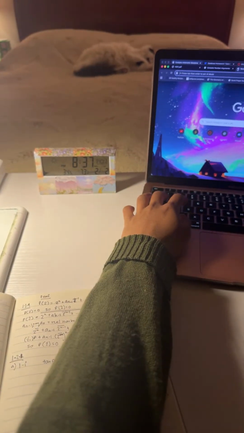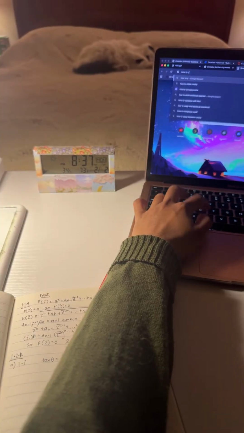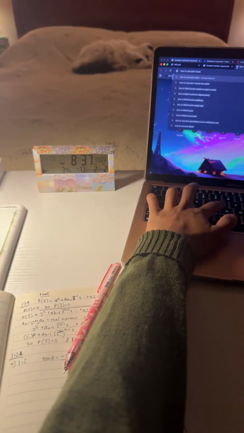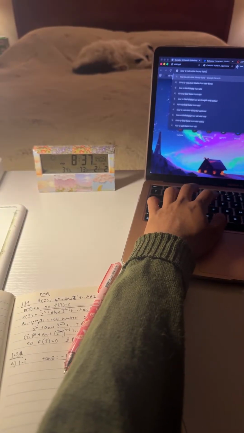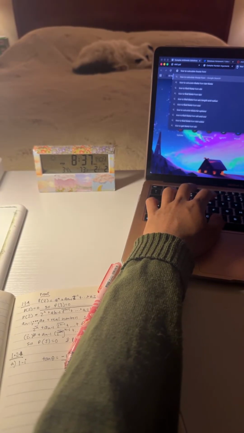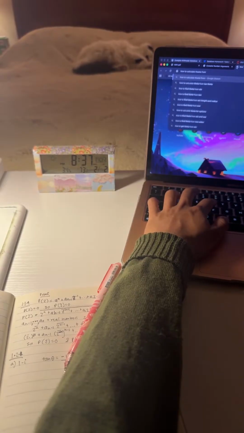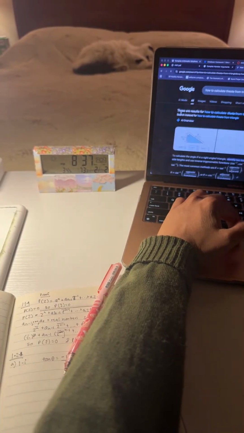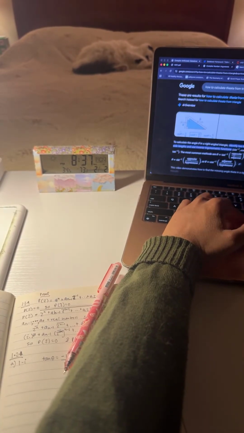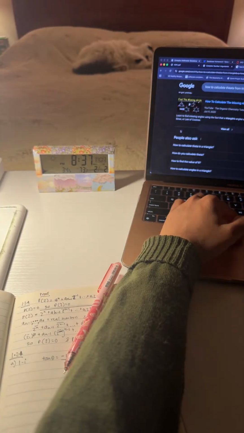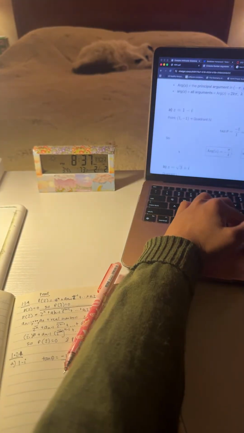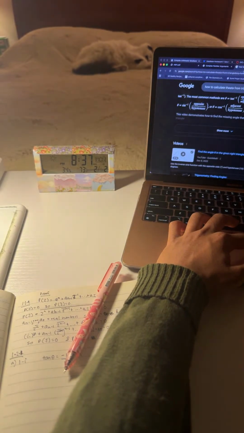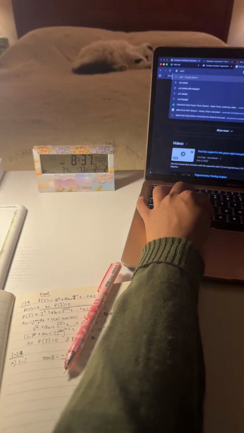Alright, so let me find out how to calculate theta from the triangle, I guess. Wait, let me just ask here. Actually, let me search up unit circle.